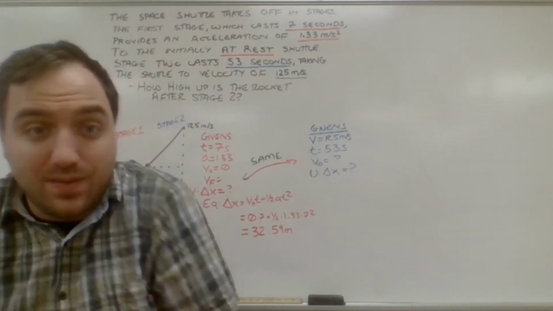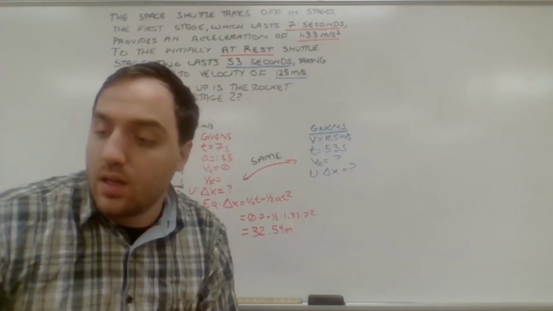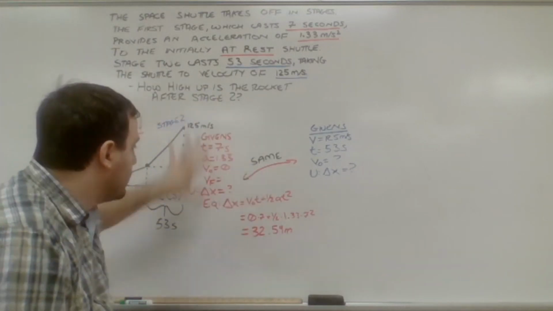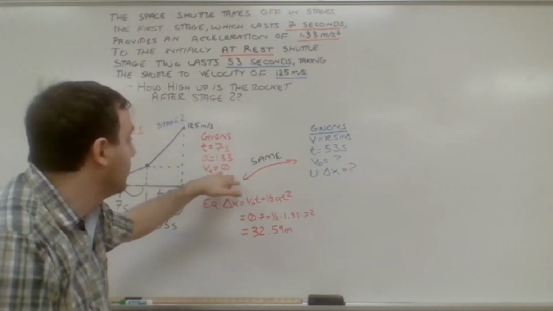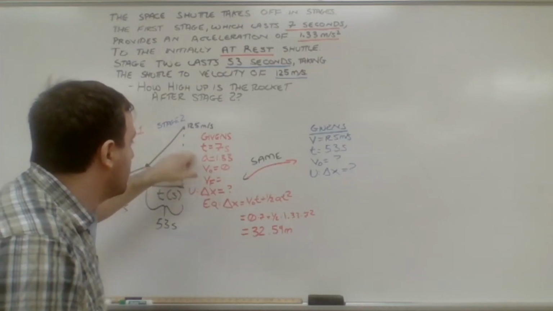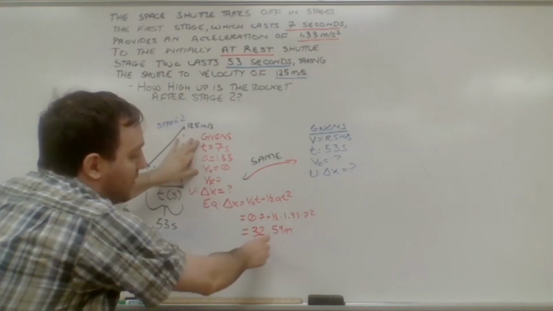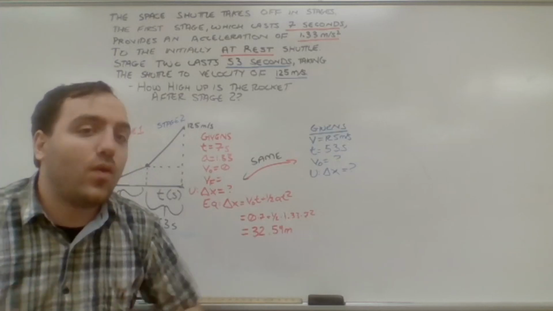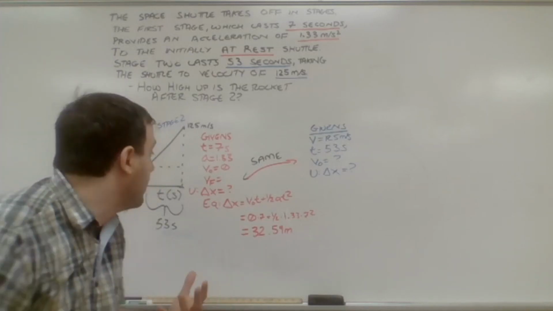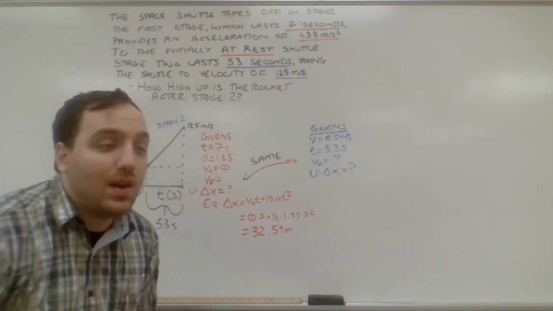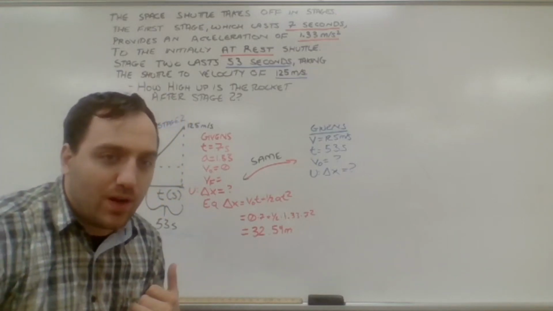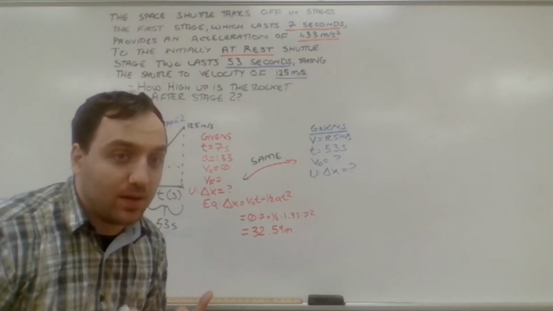So let's find the V final. If we come back over here to stage 1, we need to find that V final, but we have our 3 givens, and we have our delta x. We have all 4 other variables. We can pick whatever equation we want to make our life easier. I could use the V final squared equation, which is often known as the stopping equation.